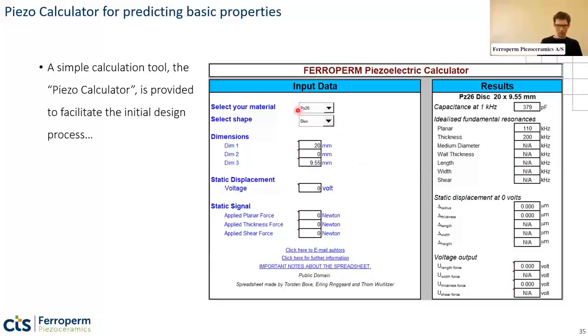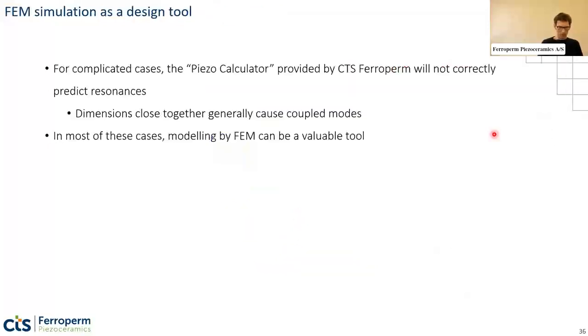If you input a material choice and some geometry by shape and dimensions, then it will try to tell you the capacitance and also the resonance frequencies if the normal simple equations are followed. In some cases, these resonances will not be correct if you have a geometry which is far from the ideal, and you'll see that in a moment.